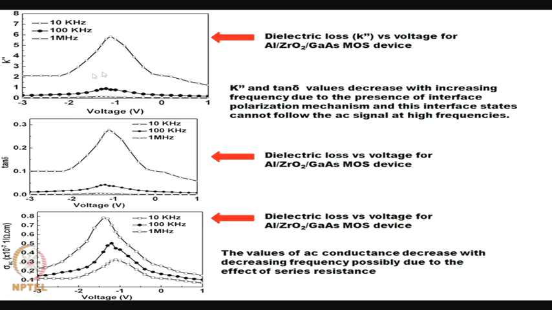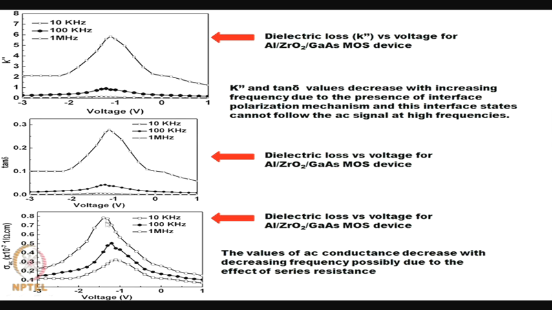Now, dielectric loss K double prime versus voltage for aluminum, zirconium, gallium arsenide MOS devices, and this is the dielectric loss tan delta, and this is the AC conductivity.